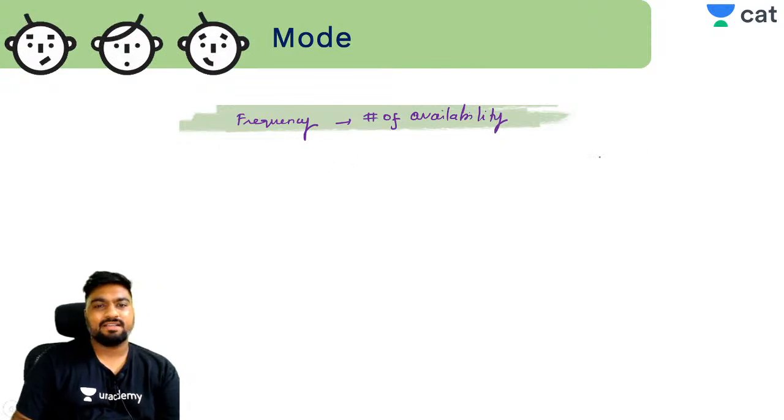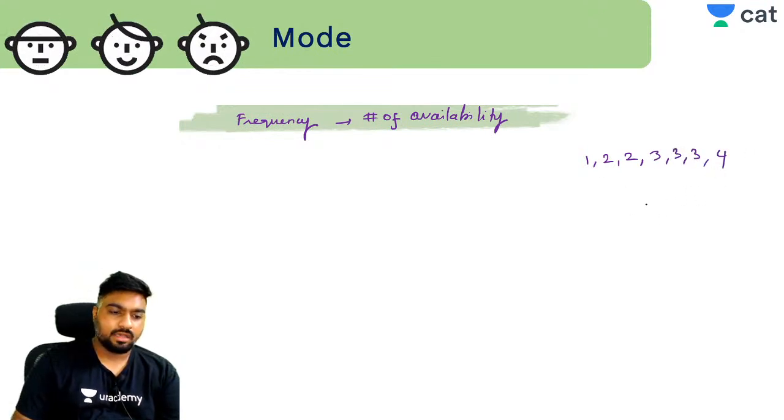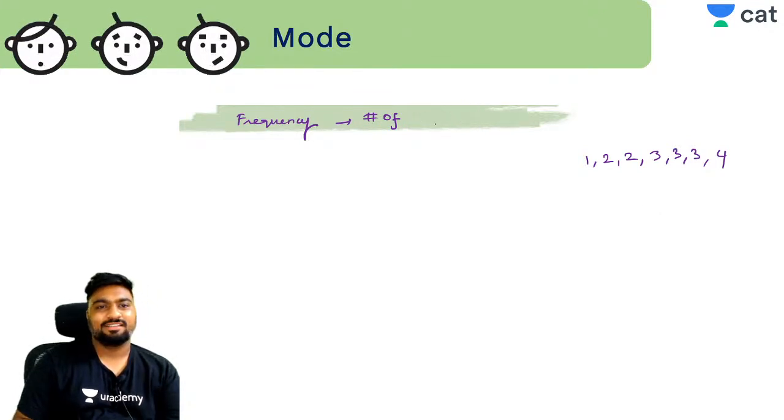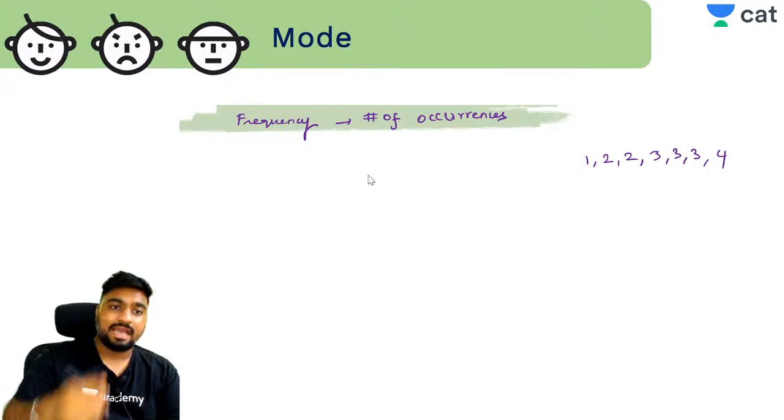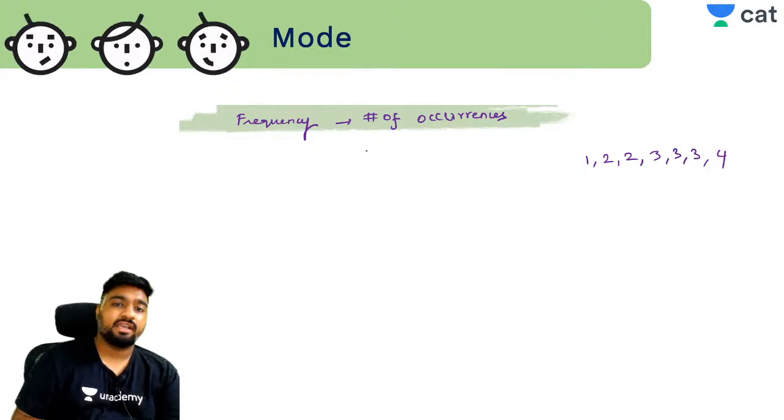So if I have a set where I have 1, 2, 2, 3, 3, 3 and 4, what will the mode be? Number of occurrences, sorry, I forgot the word, occurrences. However many times a term occurs, however many times it appears, that term will become the mode.